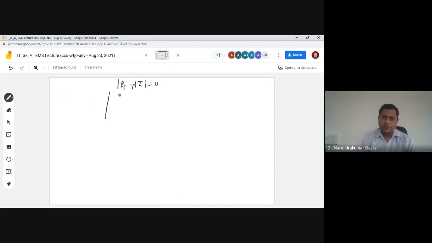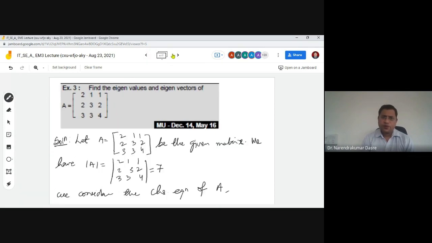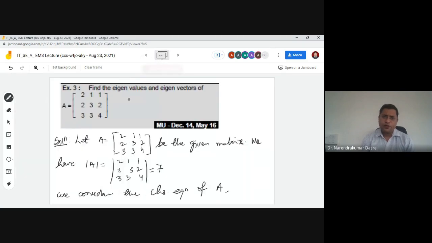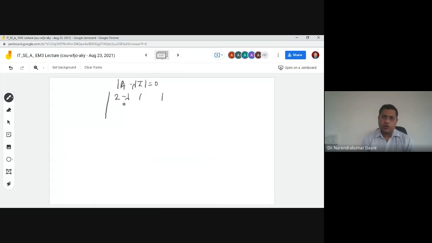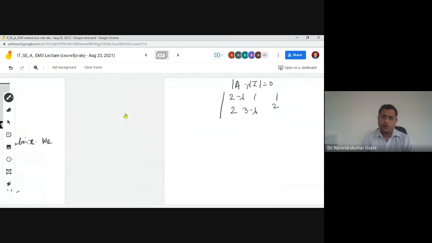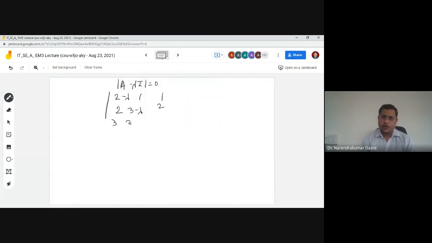Next, you have 2, 3 minus lambda, 2. And then last, 3, 3, 4 minus lambda, and then this equal to 0.